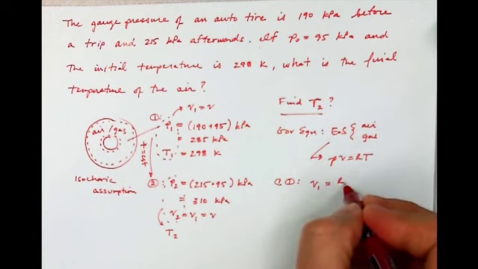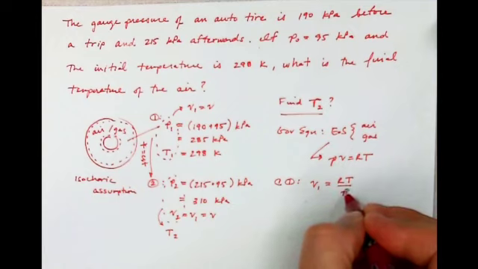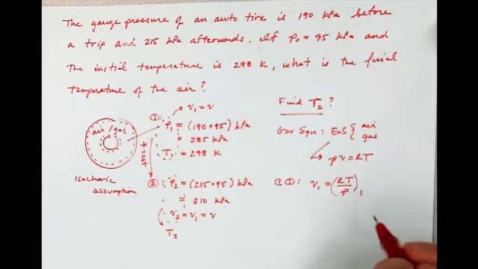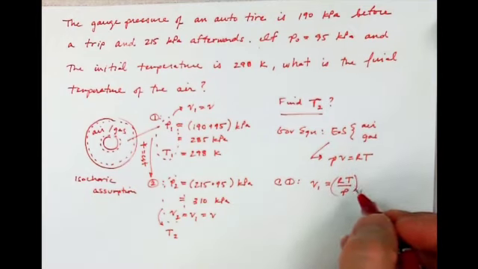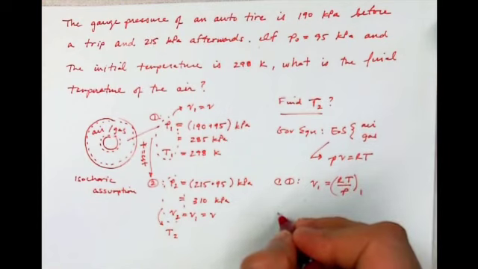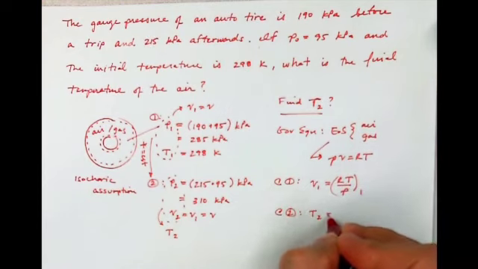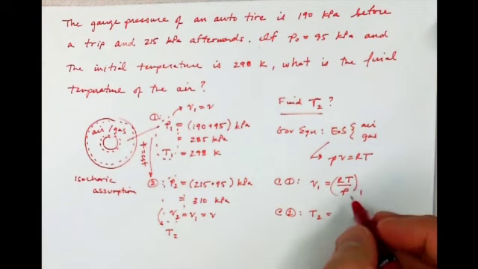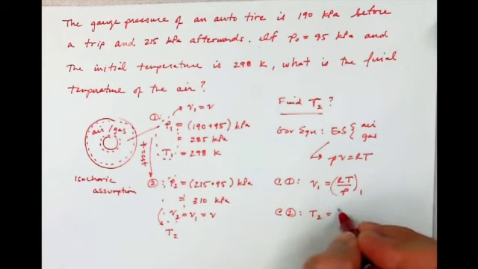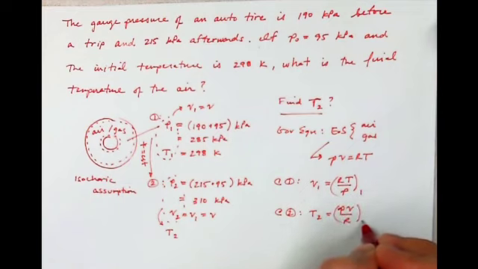So V1 is R T on P, all evaluated at 1, where everything here is known. And then at state 2, we ultimately want to know T2, which is going to be PV on R, all at 2. And we know that the volume has not changed, and the pressure at state 2 is given to us.